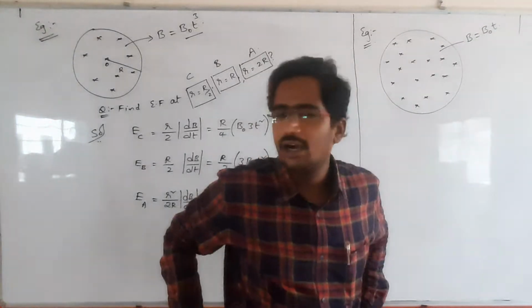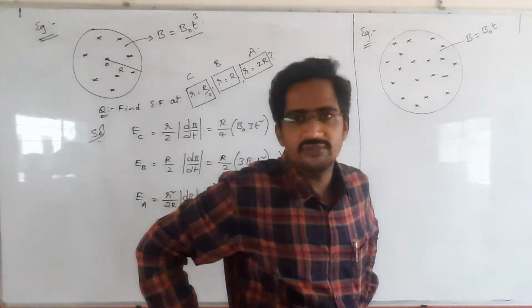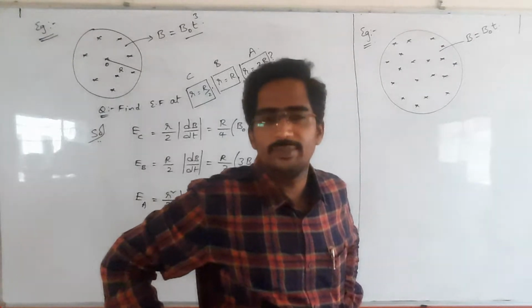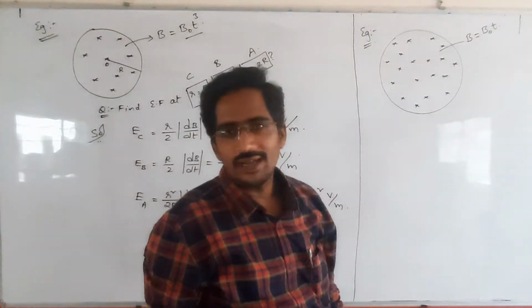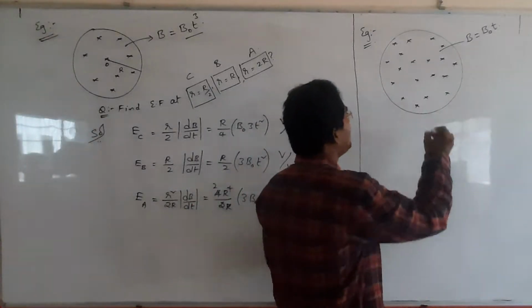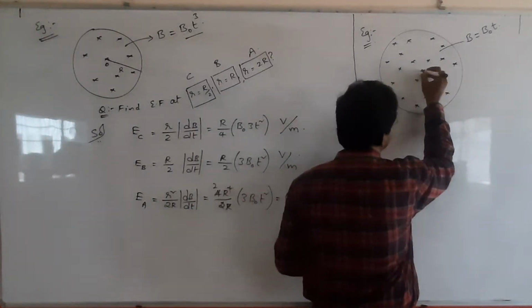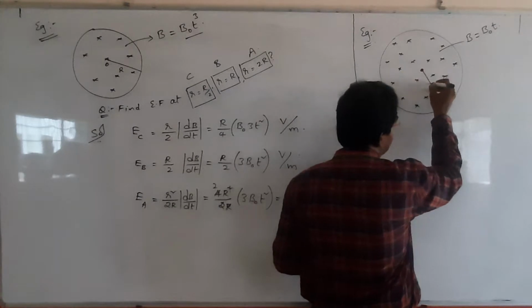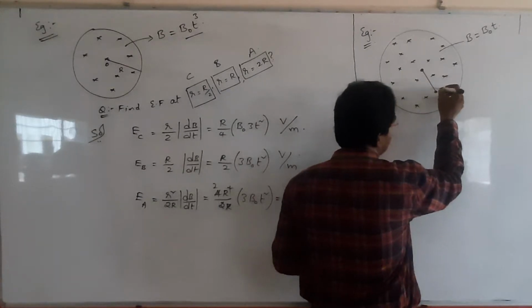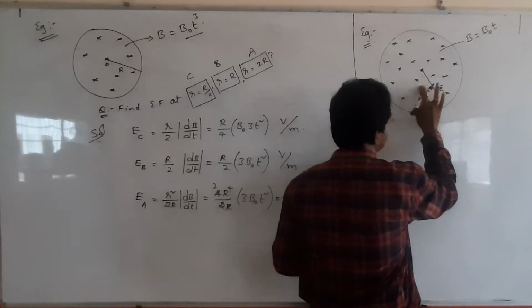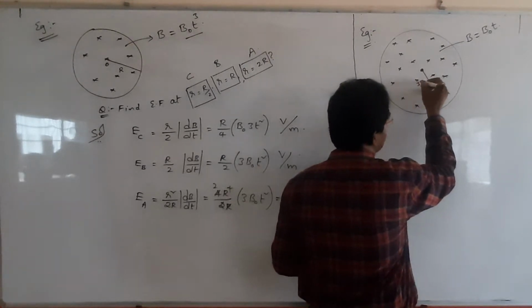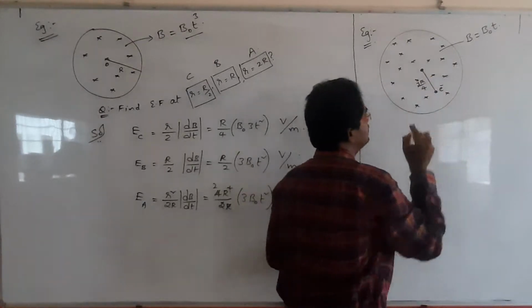That is variable B. Okay, B is varying with respect to time. In that field, we are placing an electron here. From the center, the electron is placed at a distance of 3R by 4.